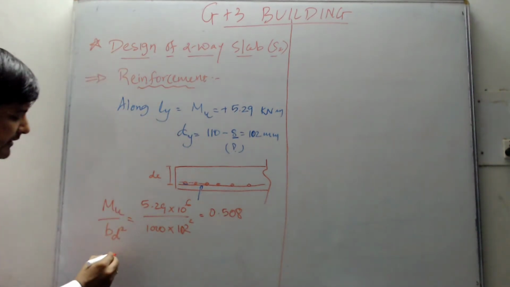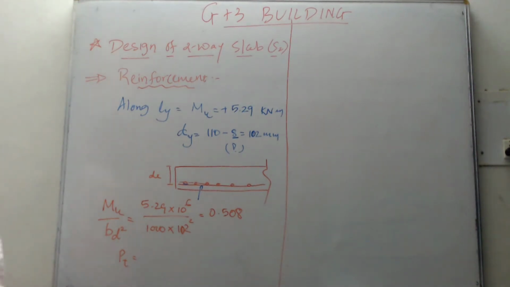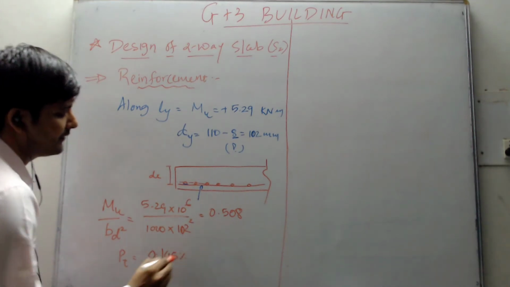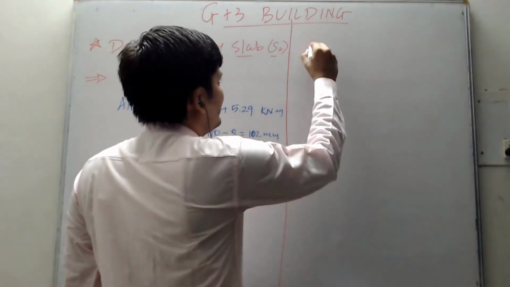So from SP16, page number 48, table number 2, please calculate the value of PT for the value of Mu divided by BD square as 0.508, and I am getting this value as 0.145 percentage.